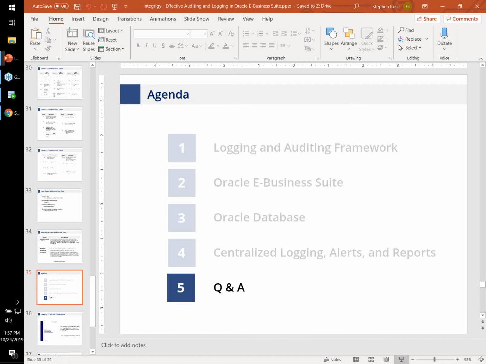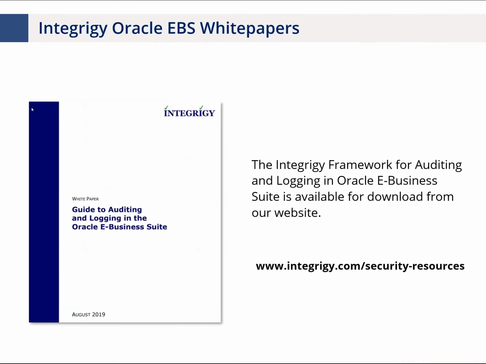This is just very high level. Again, our white paper, Guide to Auditing and Logging in the Oracle Business Suite, which gets continuously updated, with the last update this past August, is really a great starting point. We wrote this white paper specifically because so many of our clients were just not doing this appropriately. It's about a 40-page white paper that walks through this information in great detail. This is not a marketing or sales piece.